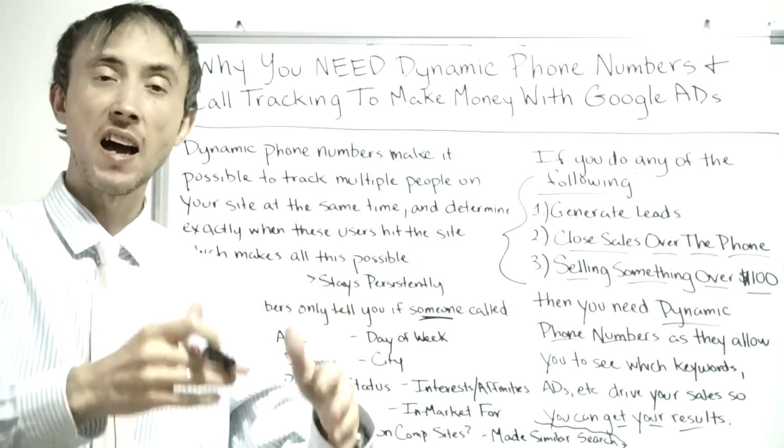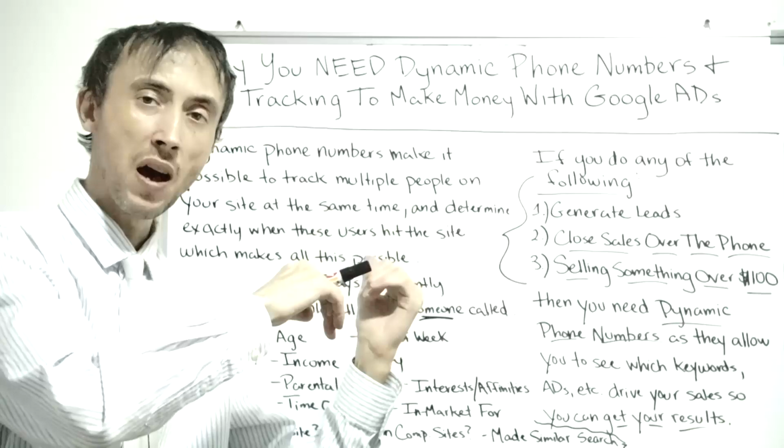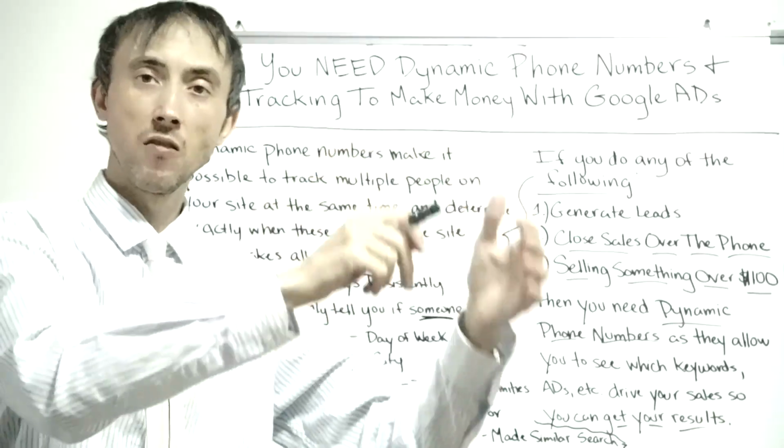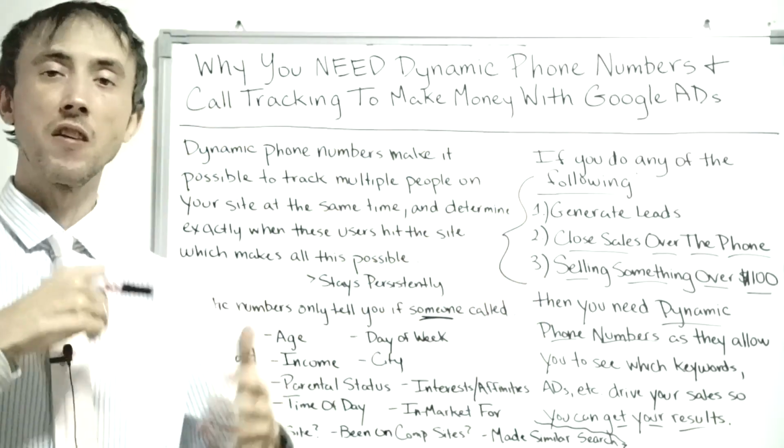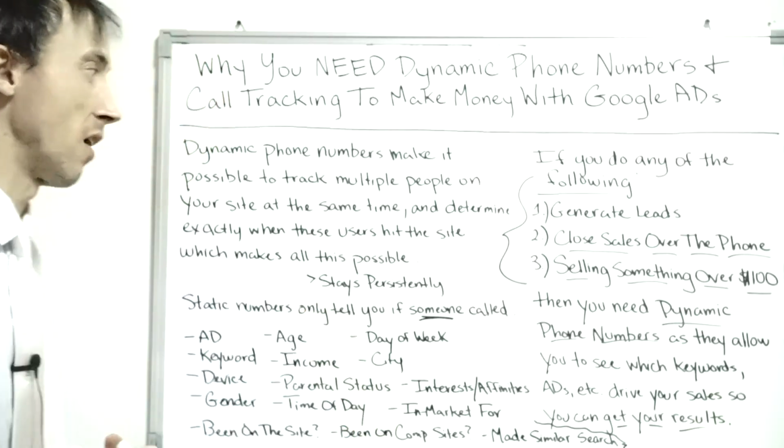And if they don't buy, then you ultimately know that they didn't buy, and what ad they clicked on that didn't result in a purchase, and this all goes into getting your long-term results on your ad account.